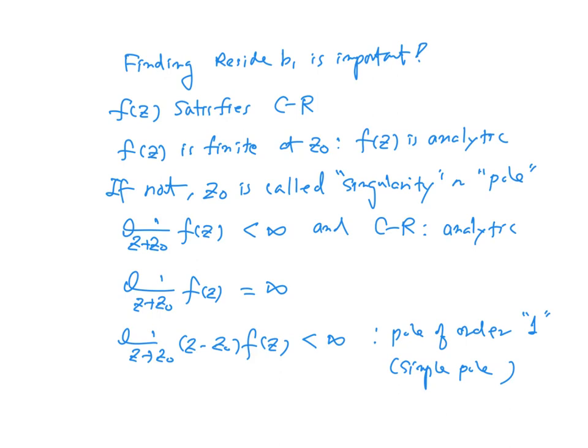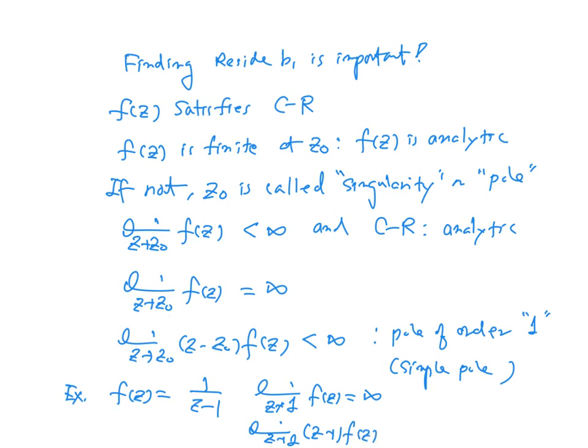For example, f(z) is 1 over z minus 1. Then at z equals 1 it is infinite, right? But multiplied by z minus 1, it is 1, which is finite, right?